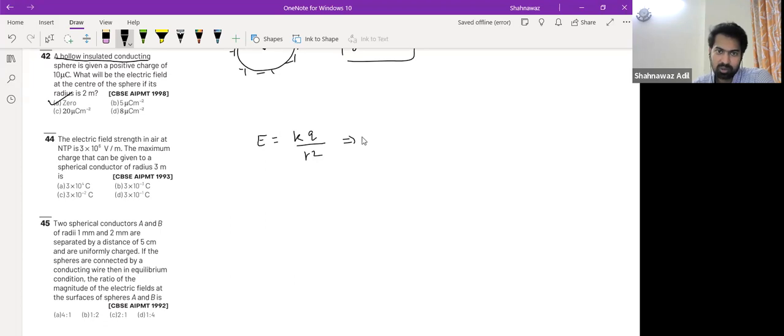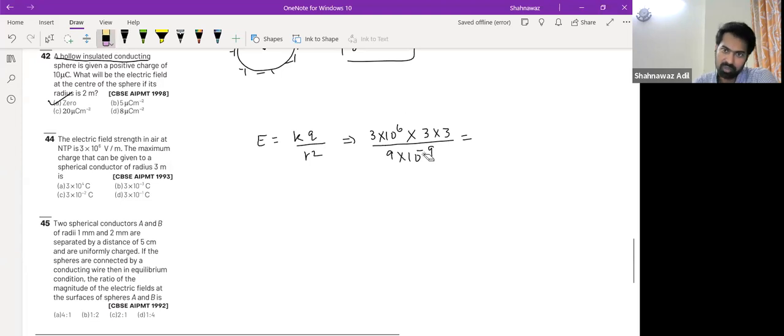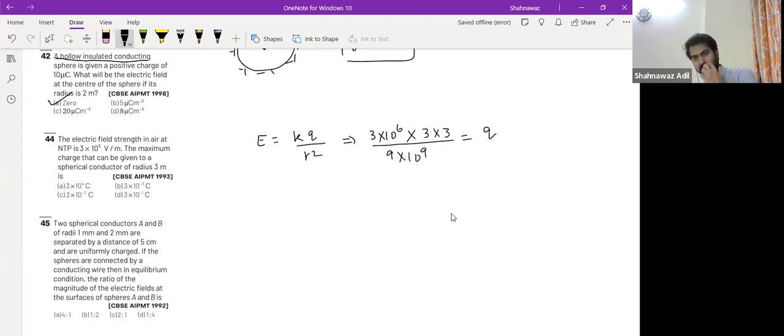E is given as 3 into 10 to the power 6, and then we have 3 into 3 divided by 9 into 10 to the power minus 9. 3 cancels, and 9 gives minus 3.